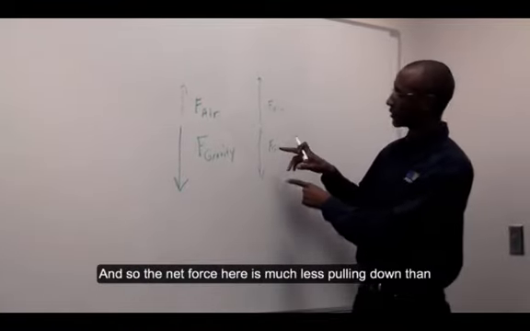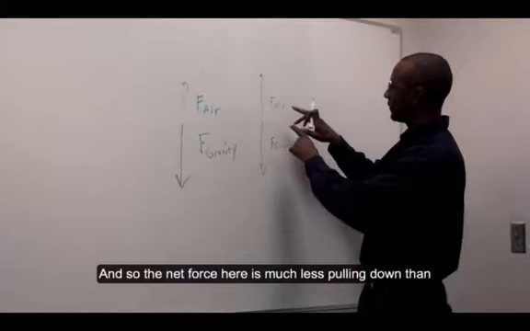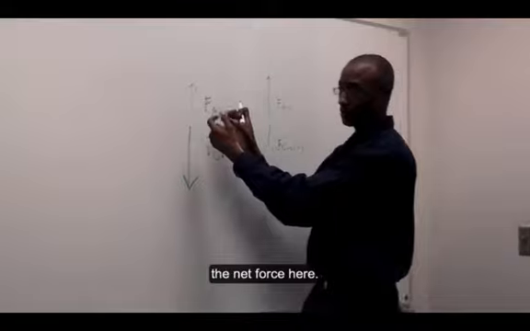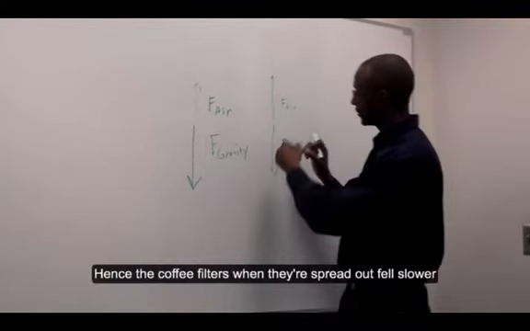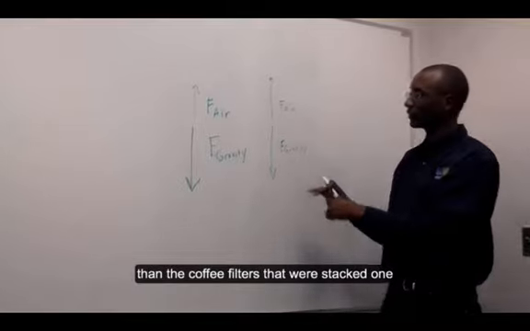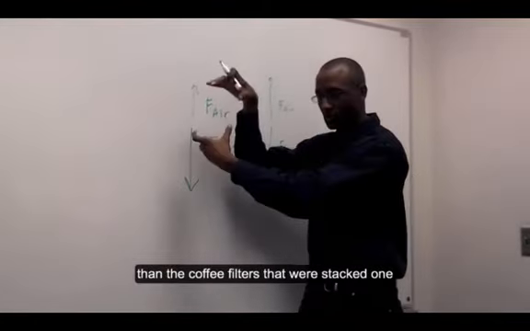And so the net force here is much less pulling down than the net force here. Hence, the coffee filters, when they're spread out, fell slower than the coffee filters that were stacked one on top of the other.